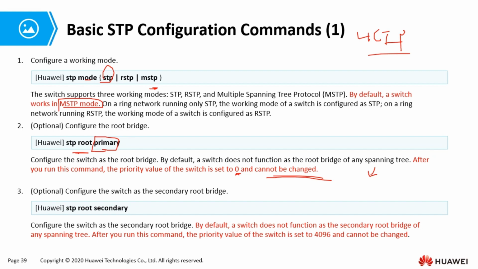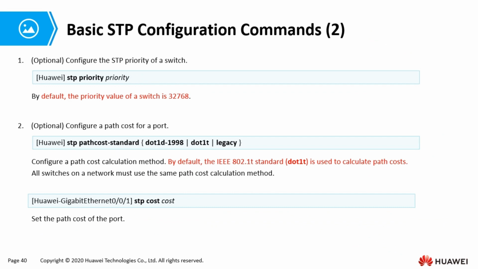You can also set the backup, the secondary root bridge, by using STP root secondary. Basically, if you set the secondary, it will be 4096 and it cannot be changed. Okay, primary is 0, secondary is 4096.